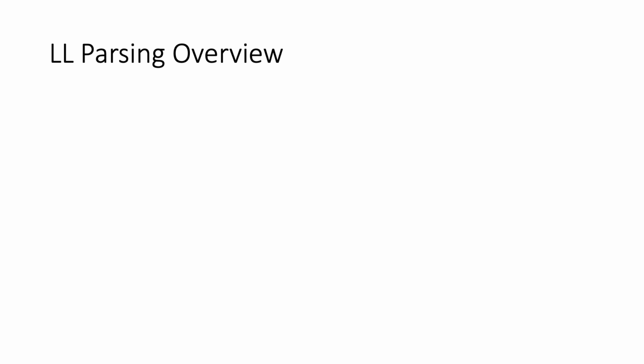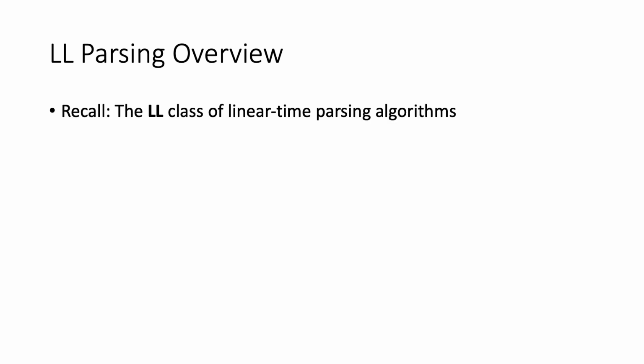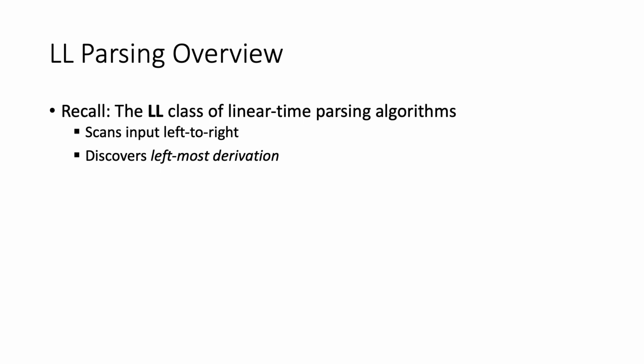First, let's go over an overview of LL parsing that you learned from the previous lecture. Recall that the LL class of linear time parsing algorithms has the following four properties. It scans input left to right. It discovers leftmost derivation. It constructs a parse tree in the top-down fashion.